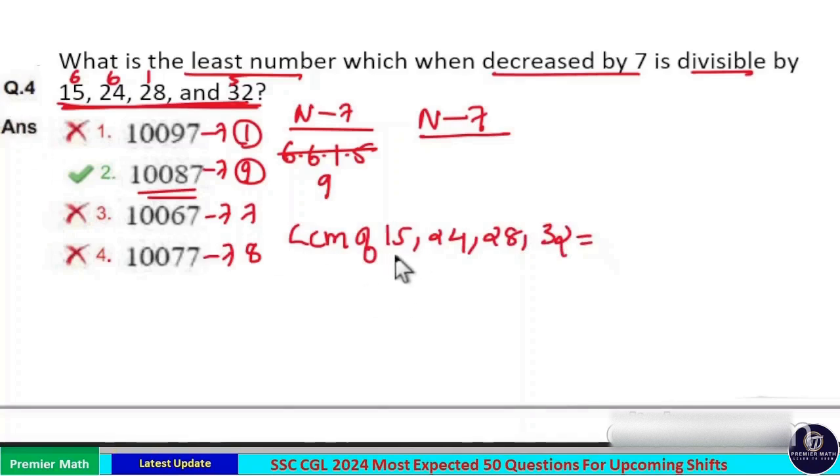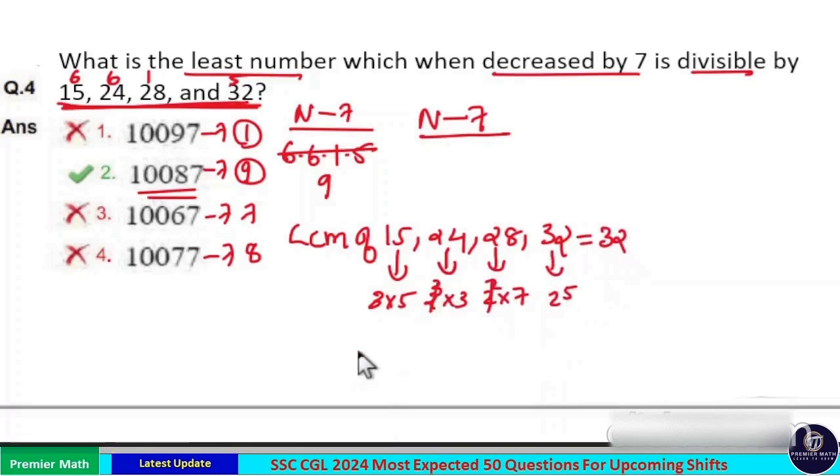Here 15 is equal to, taking the prime factorization, 3 into 5. 24 is 8 into 3, so 2 cube into 3. 28 is 7 into 4, so 2 square into 7. 32 is 2 raised to 5. Now the highest power of 2 is 2 raised to 5, that is 32. So it cancels 2 square and 2 cube. Now remaining is 7 into 3 into 5. Cancel one 3. So 3 into 5 into 7 is equal to 105.